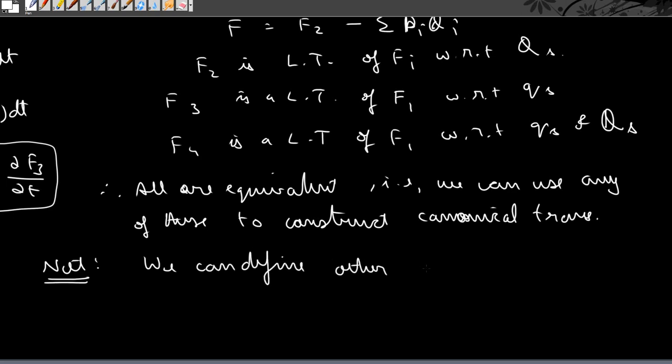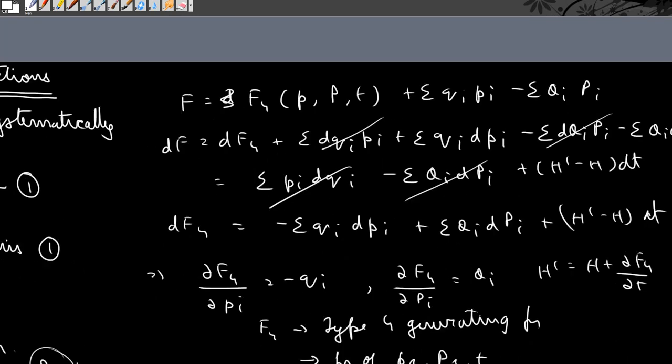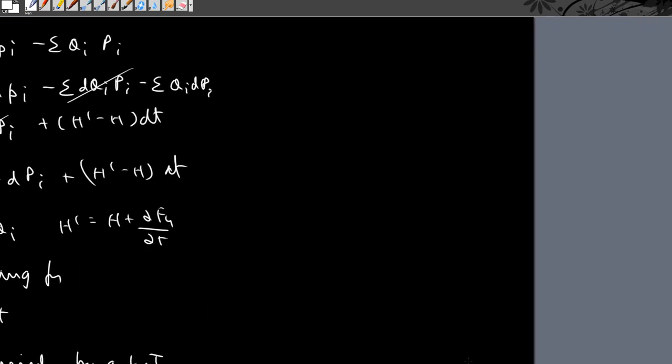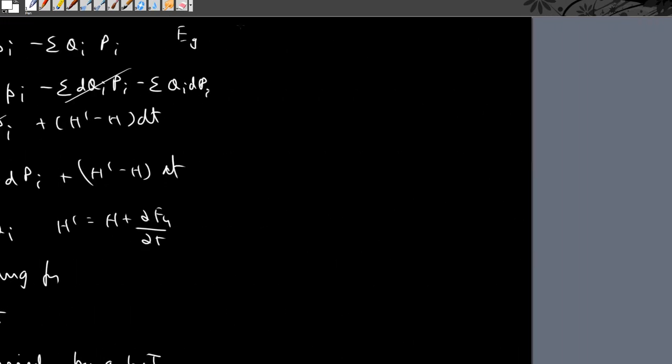Again note that we can define other generating functions also. To understand this, consider the following example. If you consider degrees of freedom equal to 2, then write f as equal to f dash, which is a function of small q1, small p2, big P1 and big Q2, comma time.